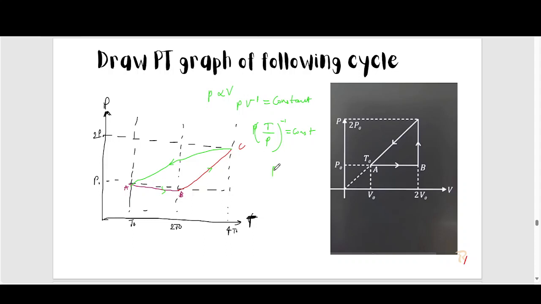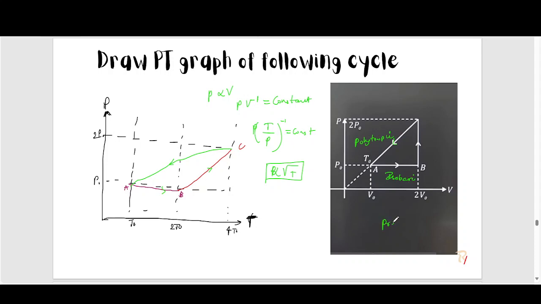Therefore P is directly proportional to the square root of temperature. Therefore from this we can say that it was polytropic. This is isobaric.